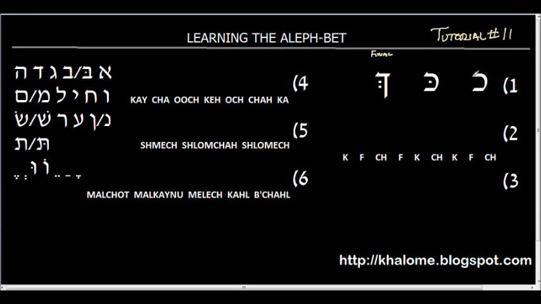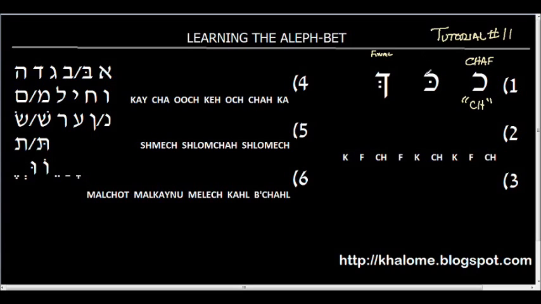The first one, starting at the right, is the chaf. It's kind of like the chet we just learned, chaf. So it's going to have that ch pronunciation, kind of that guttural sound off the back of your throat. That is without the dagesh in the middle, or the dot.